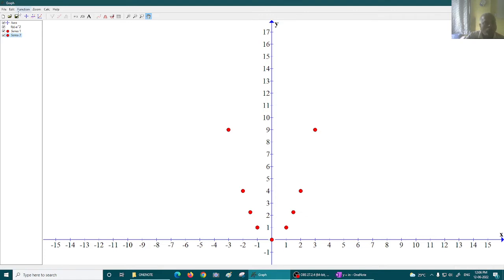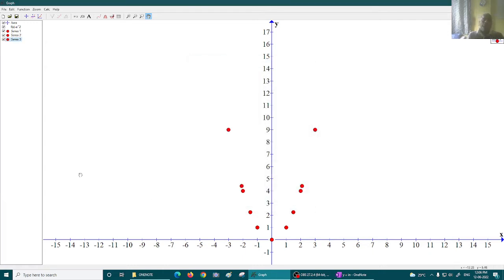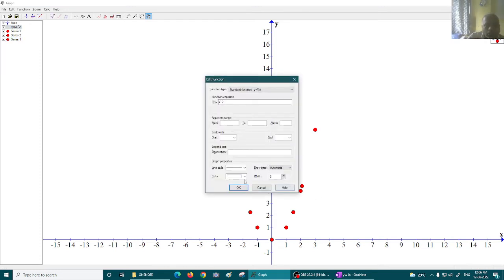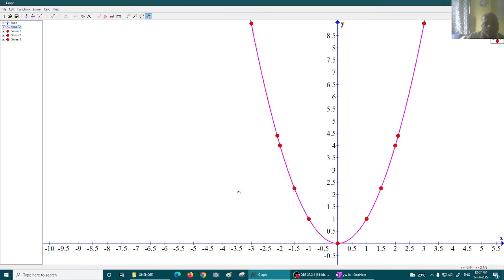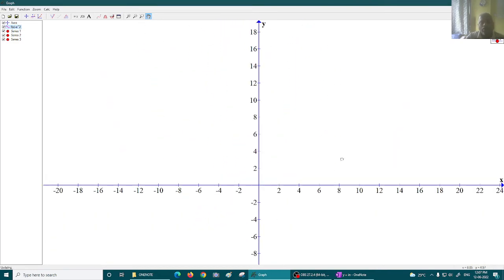Say for example 2.1, its square is 4.41, and similarly minus 2.1, and its square is again 4.41. So yes, I am getting something like this, and then if you want, you can actually draw the graph. Yes, so this is the graph of it.